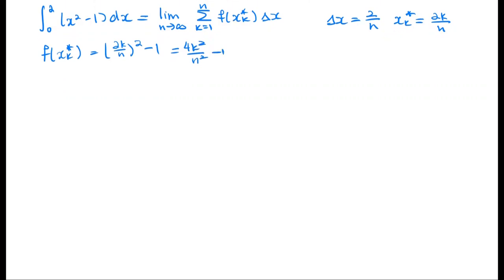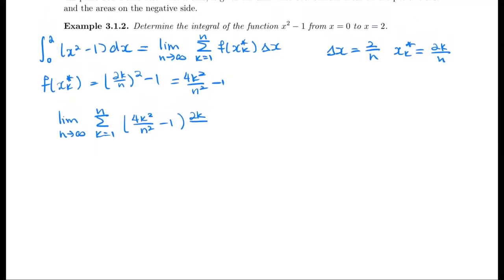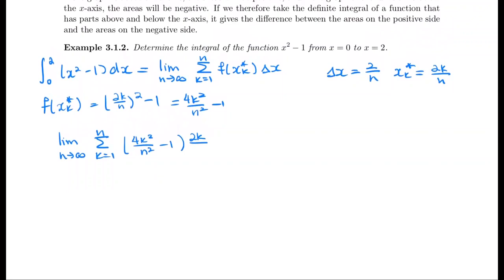So we just use the summation technique similarly to how we've done it before. So that means the limit as n approaches infinity of the sum from k equals 1 to n of the function, which is 4k squared divided by n squared minus 1, multiplied by the width, which is 2 divided by n.